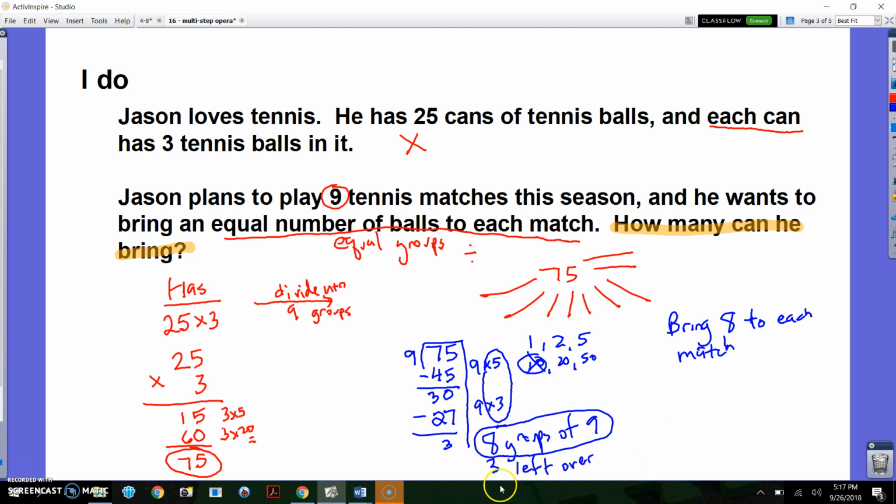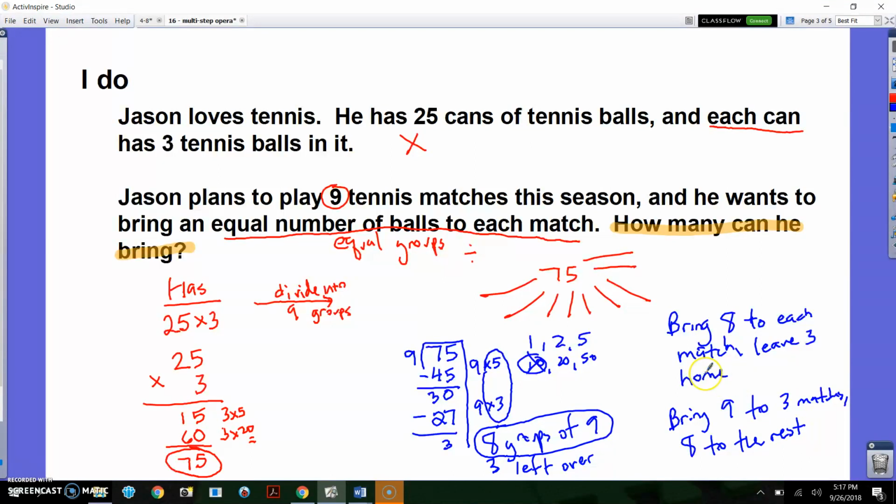So just keep these 3 and use them to practice or something. So bring 8 to each match and leave 3 home. Another possibility is he could bring 1 extra ball to 3 of his matches. So he could bring 9 to 3 matches and 8 to the rest.